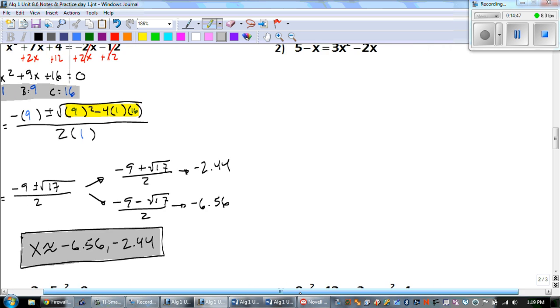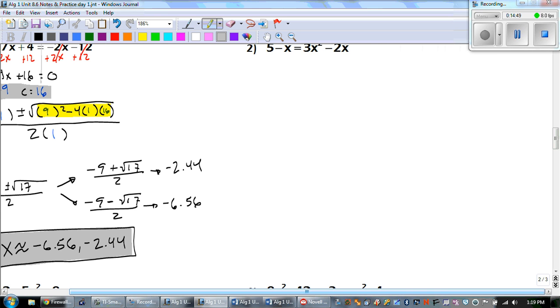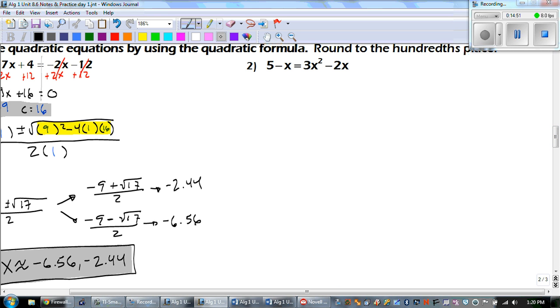Okay. Number 2. Okay, it's not set equal to 0. So I'm going to add the x to the other side, and then I'm going to subtract my 5. So then I got 0 equals 3x squared minus 1x minus 5.